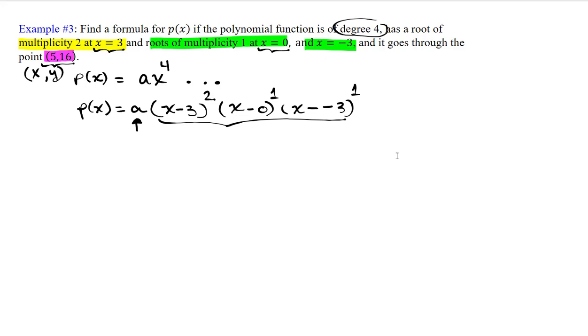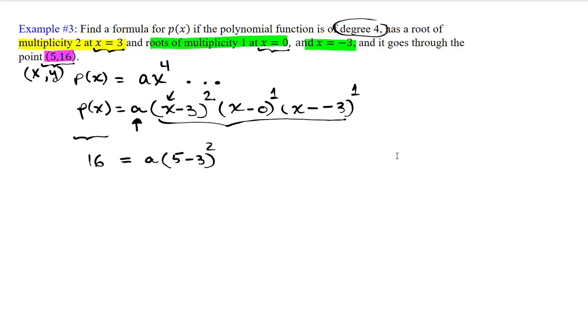So if this is a solution point, it's an ordered pair that will satisfy the polynomial statement, making it true. So we're going to replace p of x as 16, that's the y value, and then replace x here with the input value of 5.